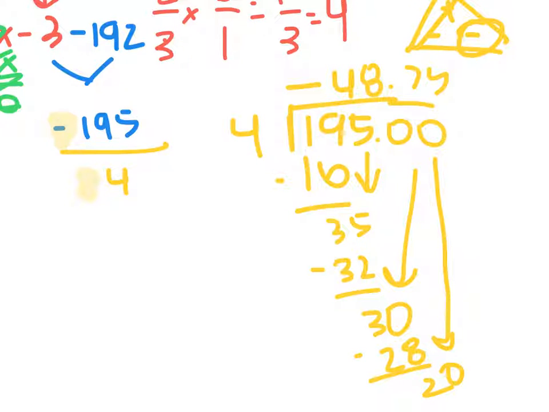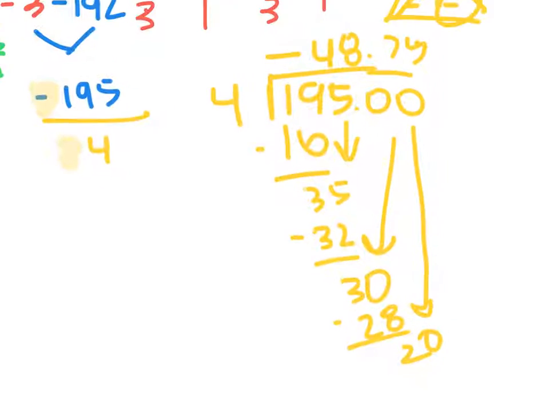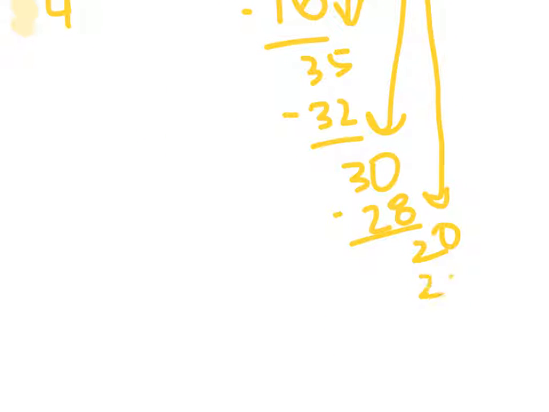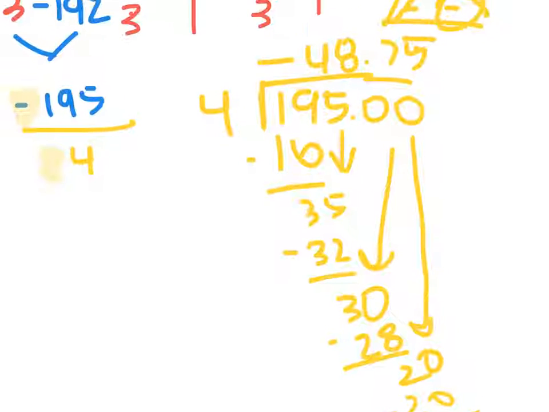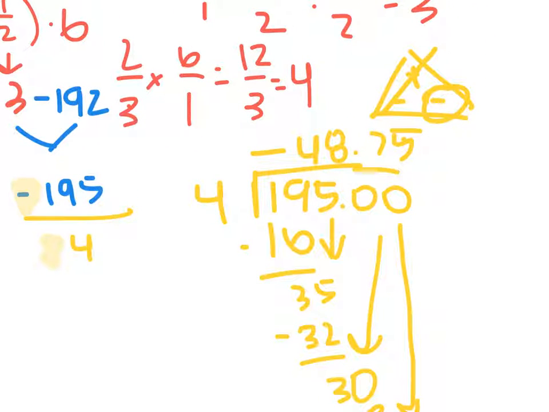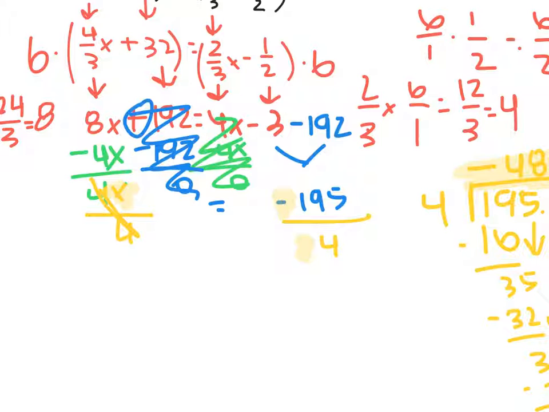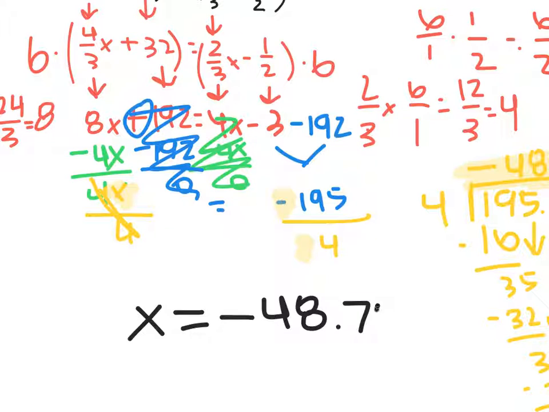And 4 goes into 20 5 times. So 20. 0, and now what we have left is negative 48.75. So that is how it is. It's going to be x equals negative 48.75.